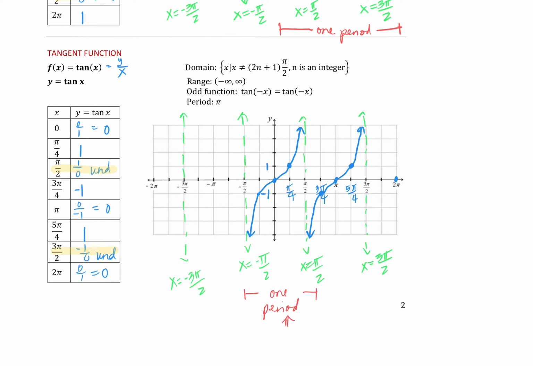So when we graph tangent, we usually graph it from negative pi over 2 to positive pi over 2. And that would give us 2 asymptotes and those nice 3 points.